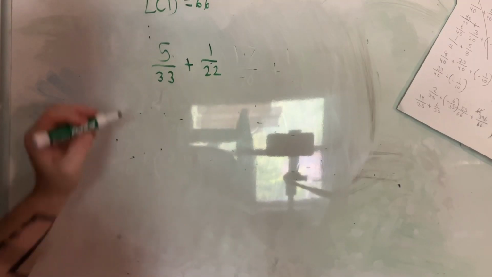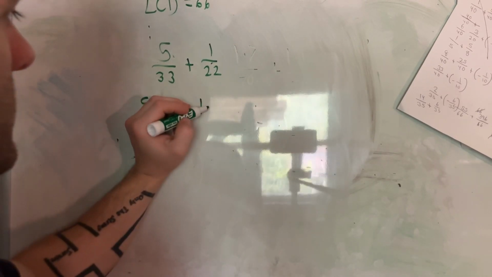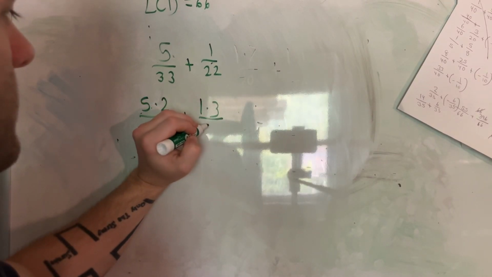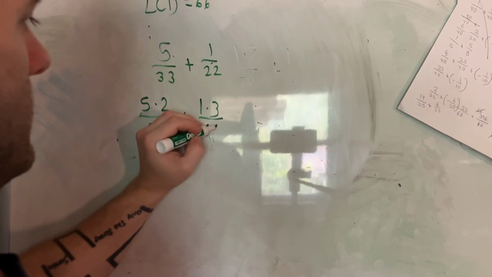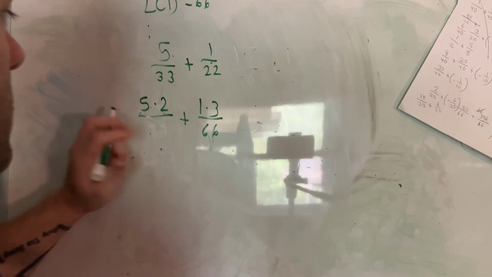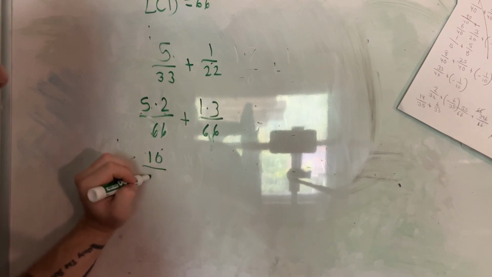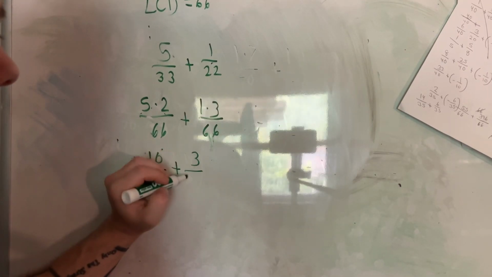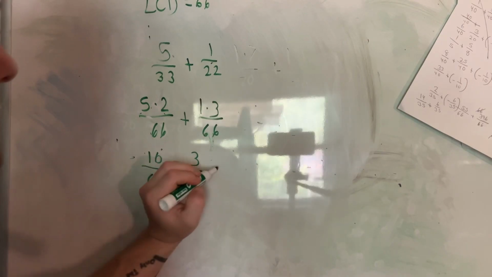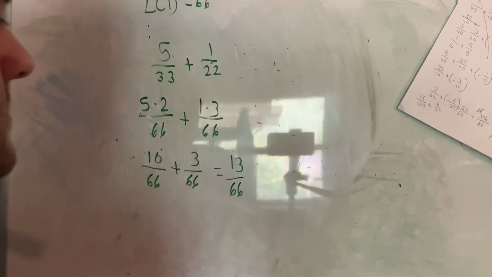So what I need to do is multiply this 5 times 2 plus 1 times 3 over 66 and 66, to get 10 over 66 plus 3 over 66 equals 13 over 66.